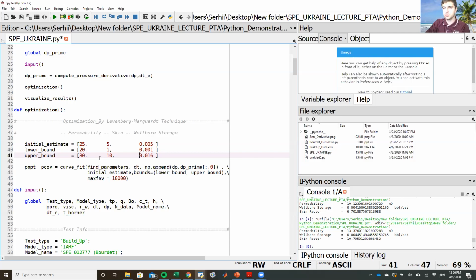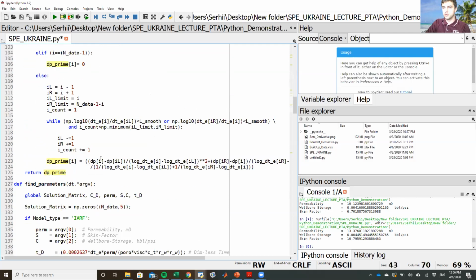What we're trying to do is compute our analytical model for pressure as well as pressure derivative, and compare it with our delta P and delta P prime.